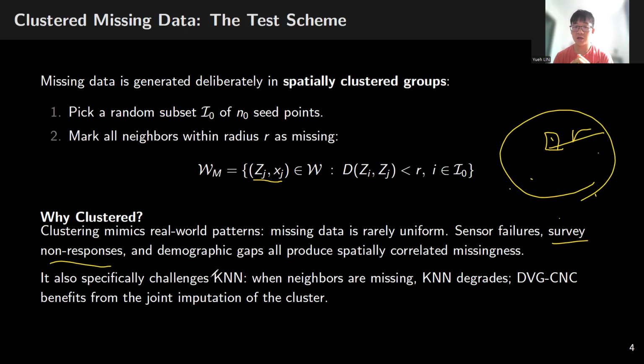It also specifically challenges KNN when all nearby instances are missing. Then KNN has no observed signal in the local neighborhood, and it can degrade badly. However, the voting game model benefits from clustering because those missing instances in the cluster can inform each other through the joint solving process.